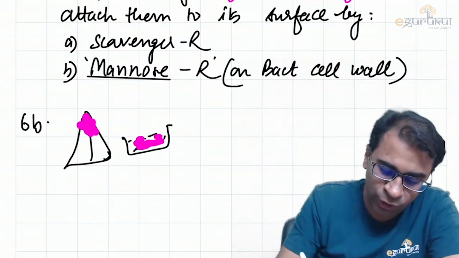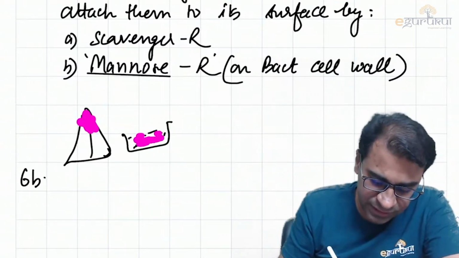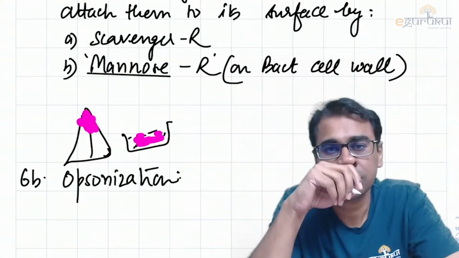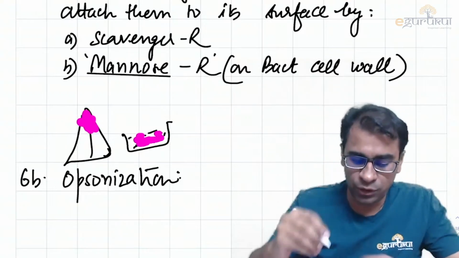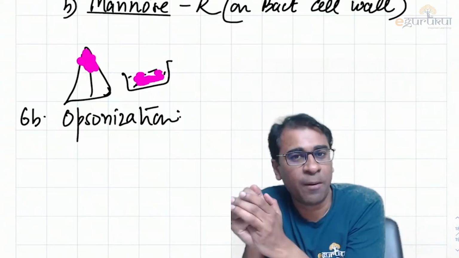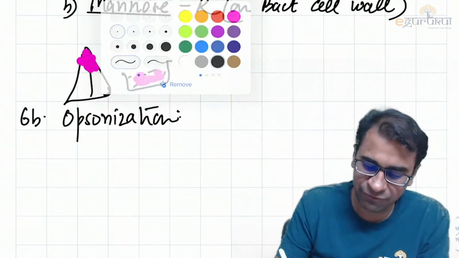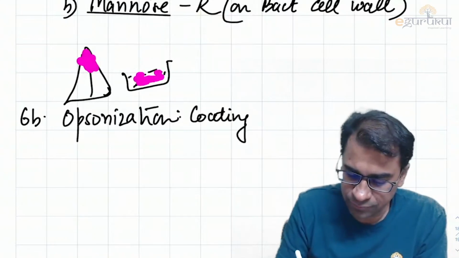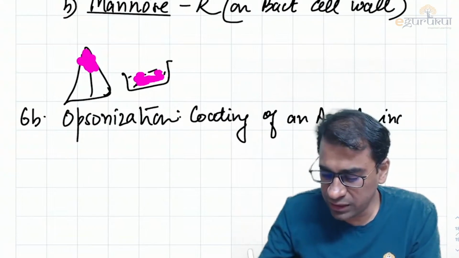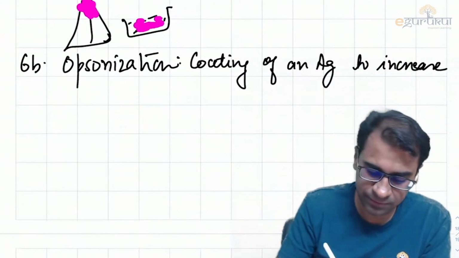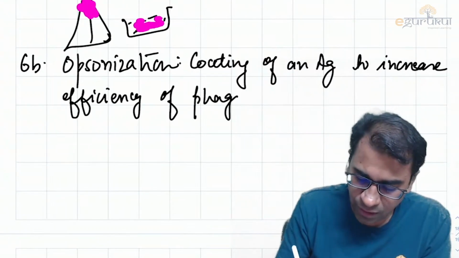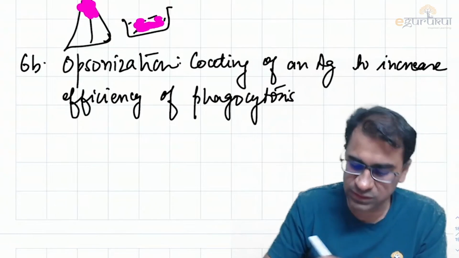Similarly, the next step we are going to read is called as opsonization. Opsonization मतलब coating of the antigen with a chutney, मतलब the opsonins. So this step refers to coating of an antigen to increase the efficiency of phagocytosis.